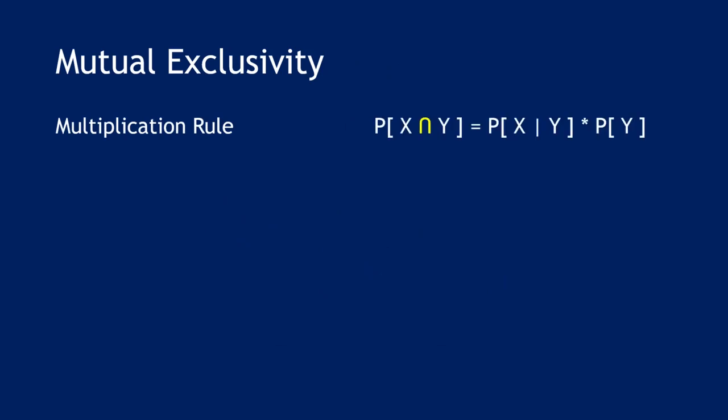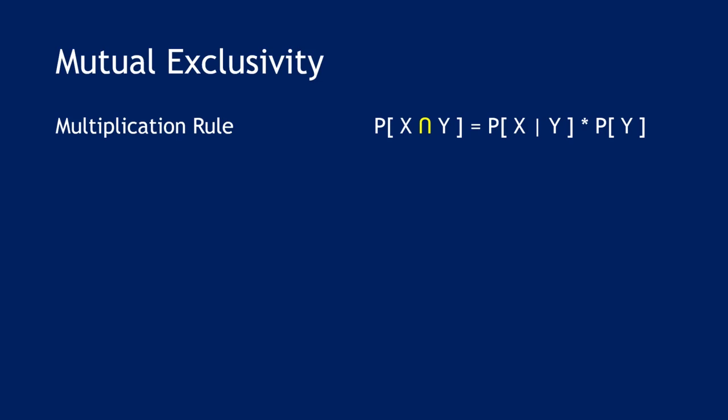Let's take a look at the implication for the multiplication rule. From last lecture, we know that the multiplication rule is about calculating the intersection between two events.